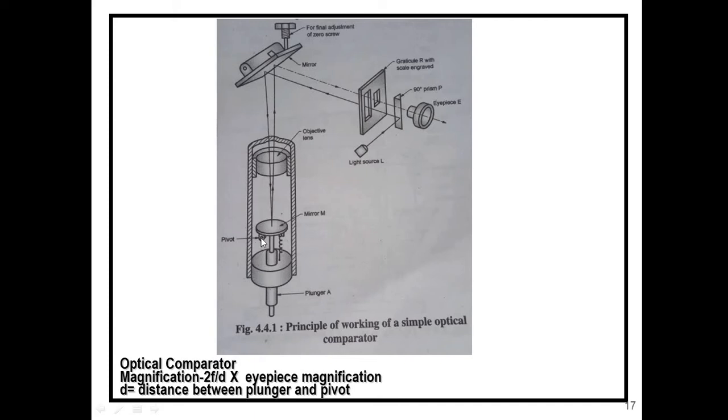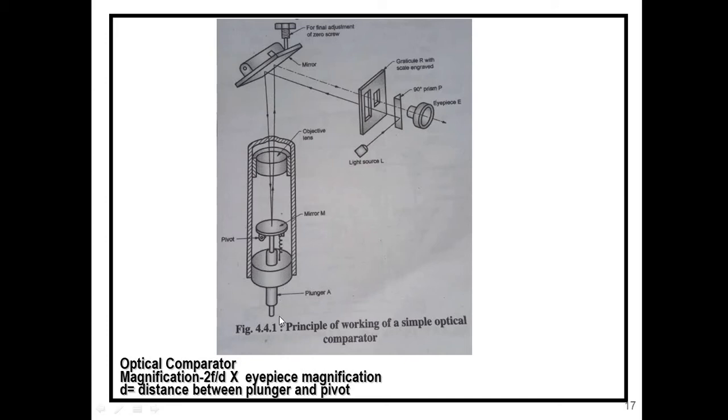This is the pivot or knife edge, and what is happening due to this knife edge? The smallest movement of the contact plunger causes this mirror to tilt. So even if a small movement of the plunger takes place, it causes this mirror to tilt in either direction. Either it may go in upward direction or it may come in downward direction. It depends upon whether the plunger is moving in upward direction or in downward direction.